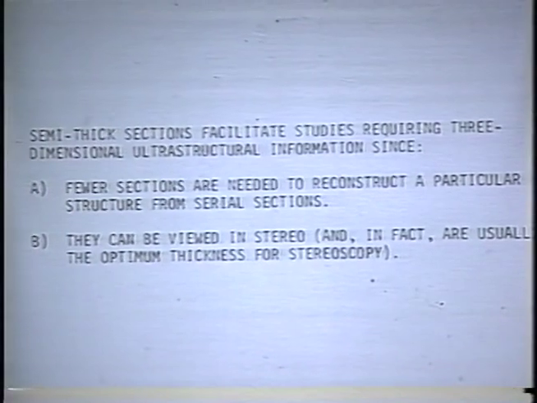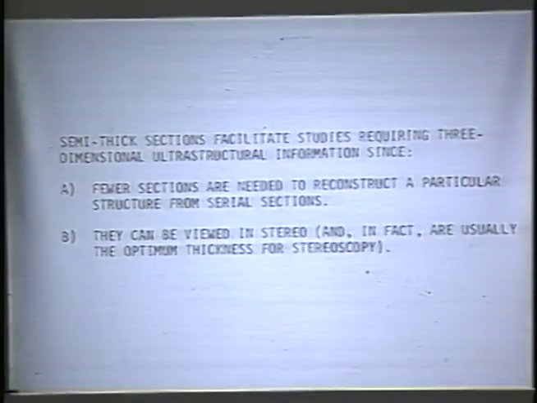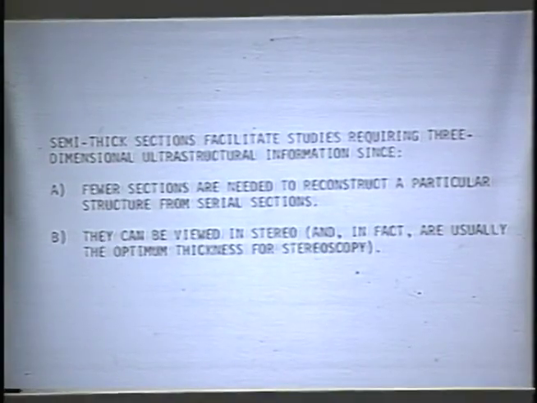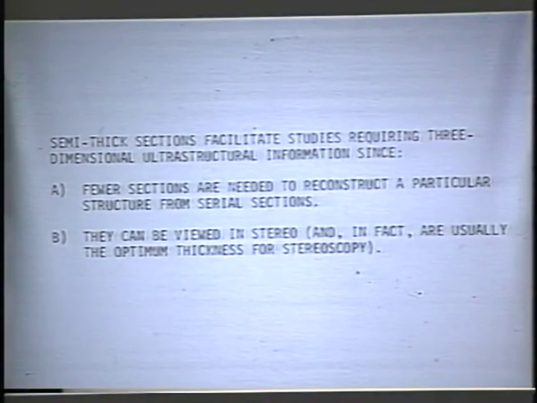Using thicker sections provides one with distinct advantages. First of all, you can encompass more of a structure of interest in a thicker section. And one can view these sections in stereo. And for me, one of the big advantages of using thick sections is that it's very cost effective.